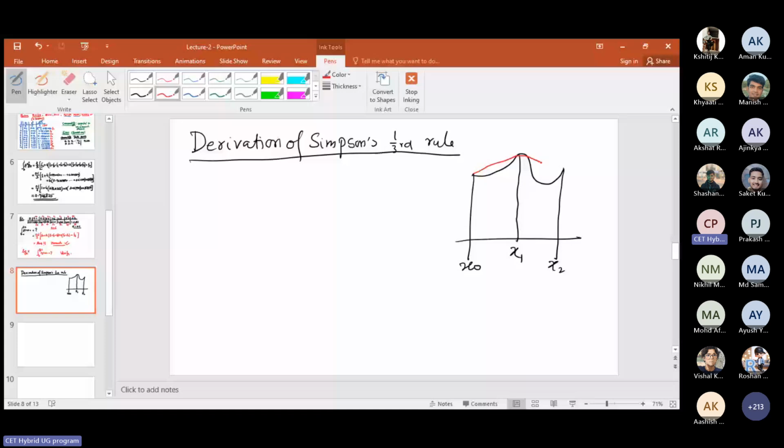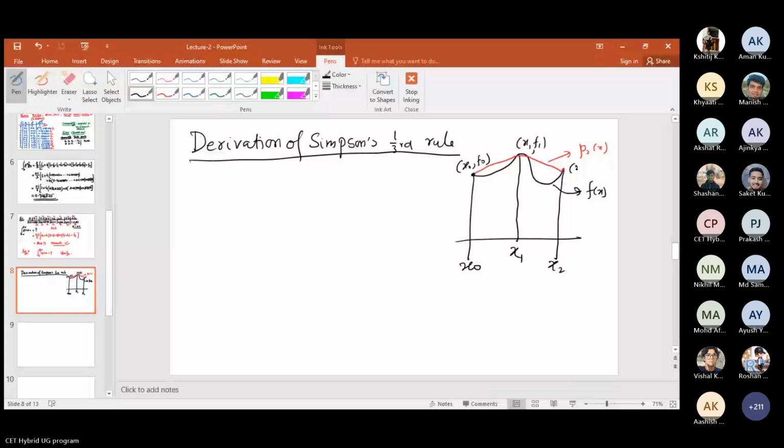So this is your P2(x) parabola, and this black color function is your original function f(x). The values of these points are given as x0, f0, x1, f1, x2, f2.